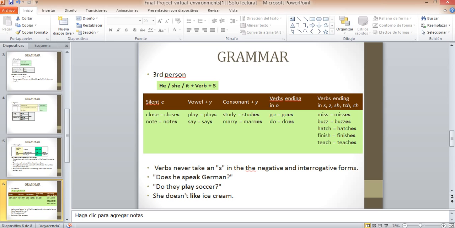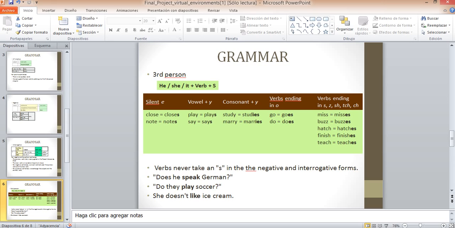And if it is ending in y after a consonant, we should change it for ies. For example, if we have the word study, we should change that to studies, making that change as we see here.